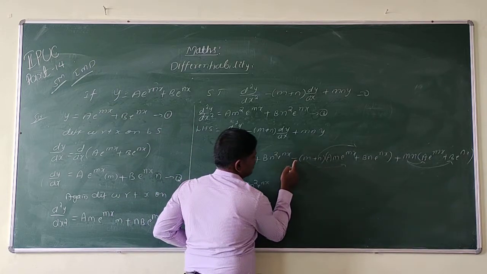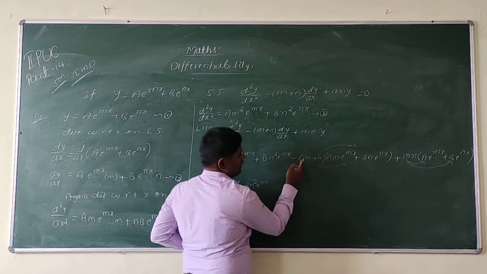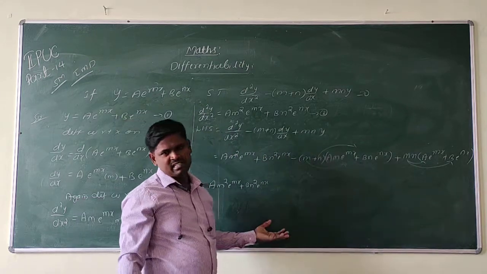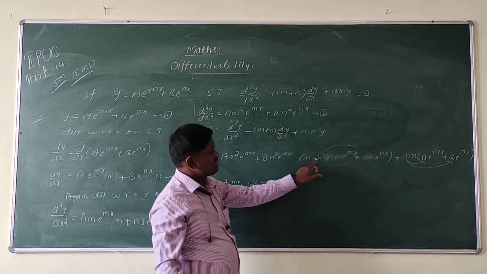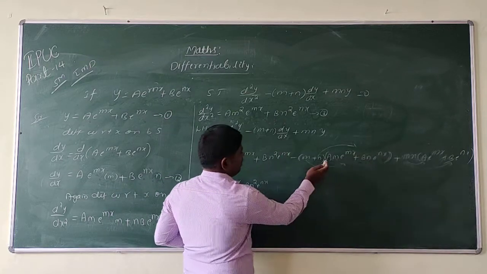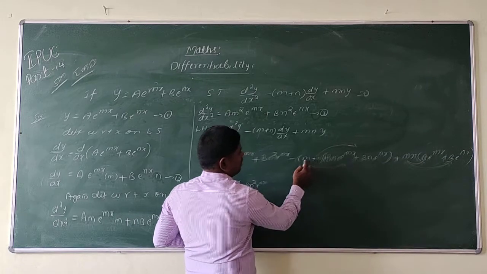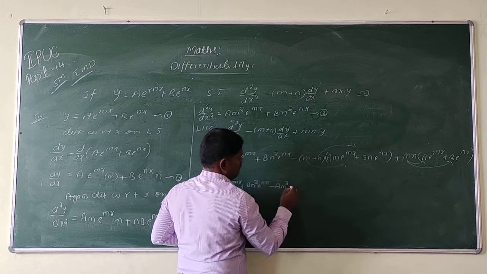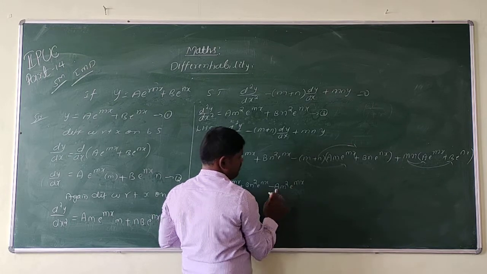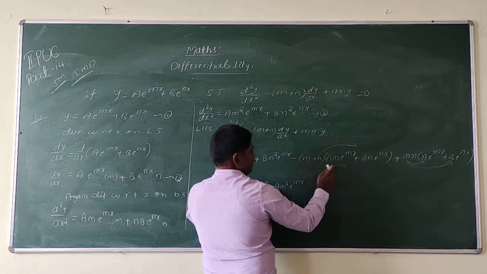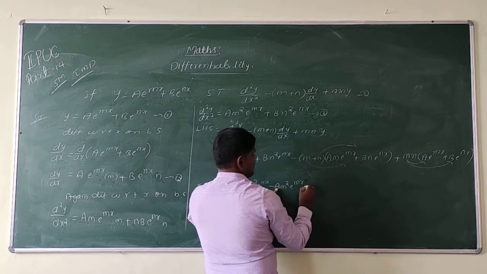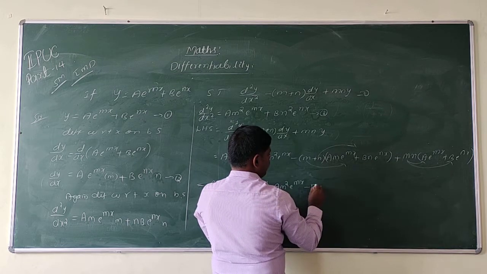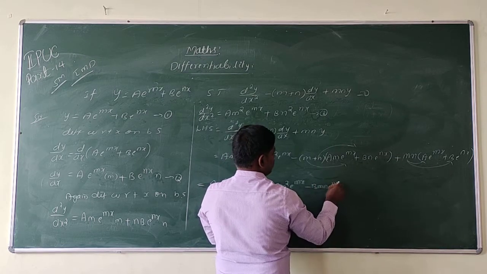Suppose I am not multiplying only with m, I am directly taking minus m, otherwise it is one more step. So I am taking minus m to here, and m is already here, so this term will come: minus a into m square into e to the power of mx. Here plus is there, so I multiply this with minus m: minus m b into n into e to the power of nx.